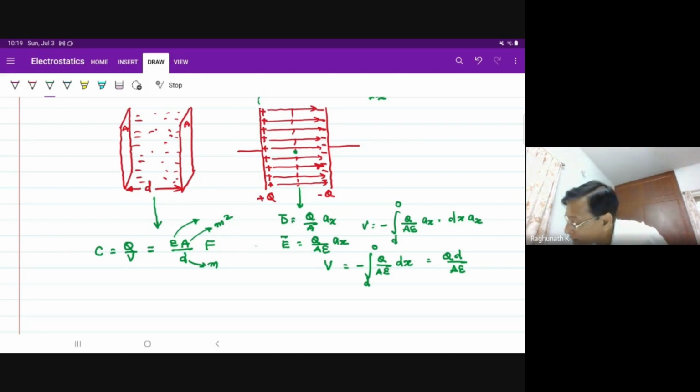That's what you see. E bar is equal to Q by A epsilon only. D is not there.